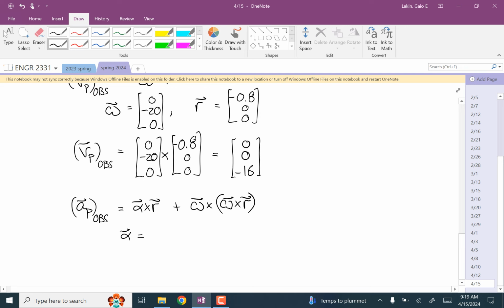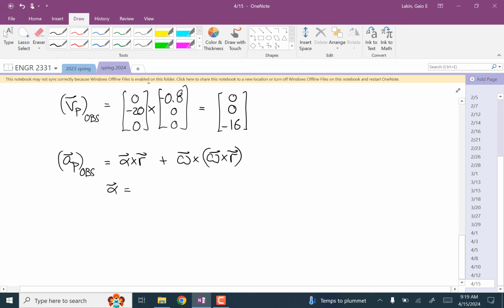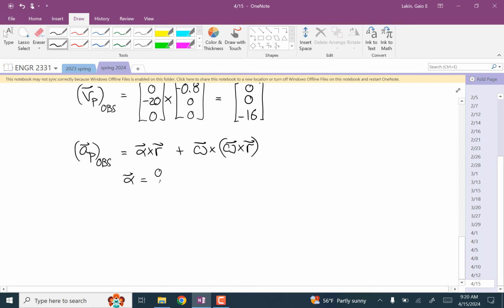What's that in this problem? Yes, 0. I didn't give one of those. So this part goes away. We already have omega and R.